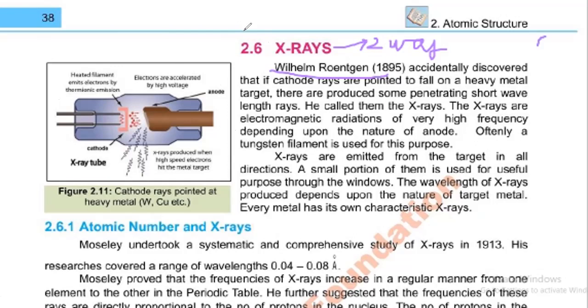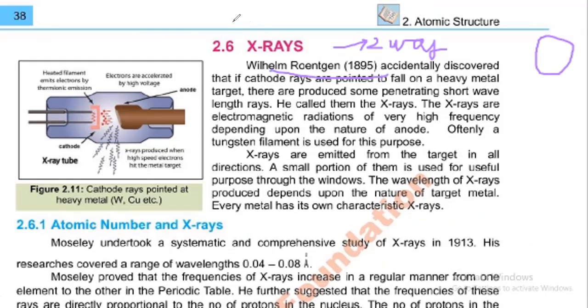For example, we have an atom here, consisting of electrons and a nucleus. A high speed electron, which is a cathode ray, strikes the atom and kicks an electron out of this atom, leaving a space of energy over here.